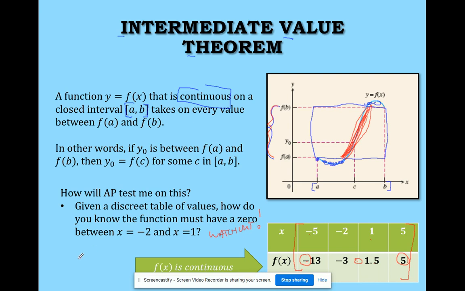And when they ask you to justify, you are allowed to just say by the IVT. But you have to have been told or know that you are continuous first. You can't conclude if someone just gives you a discrete table of values.